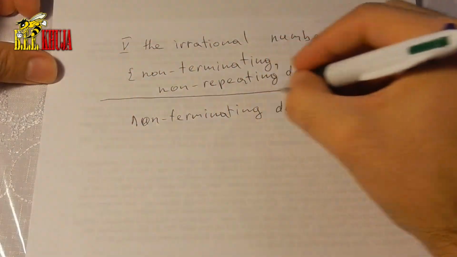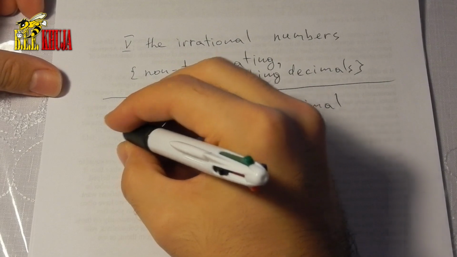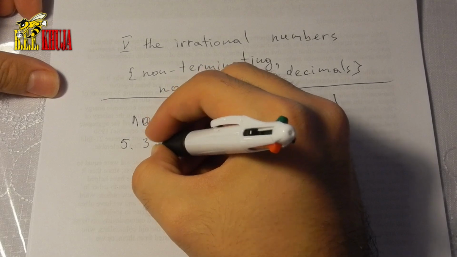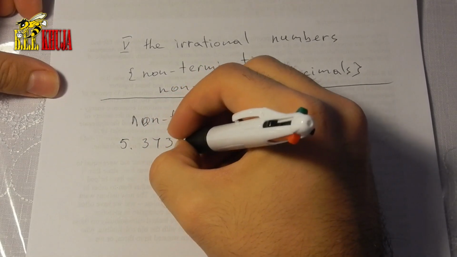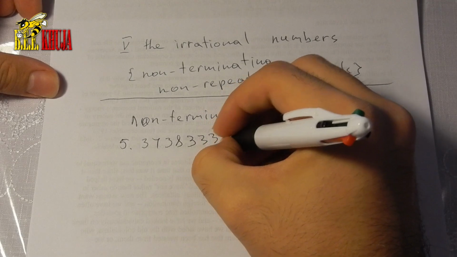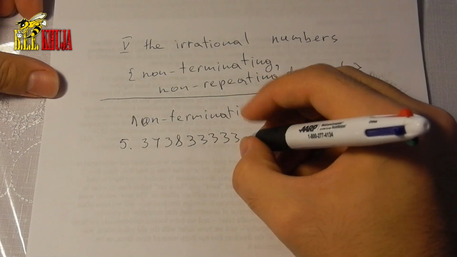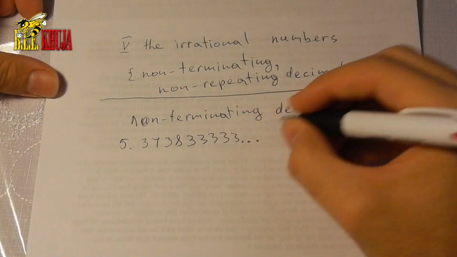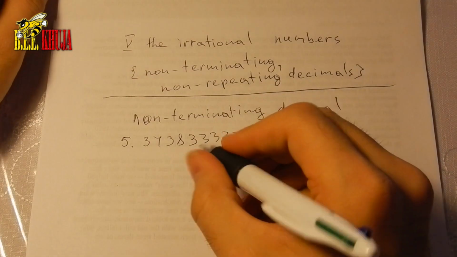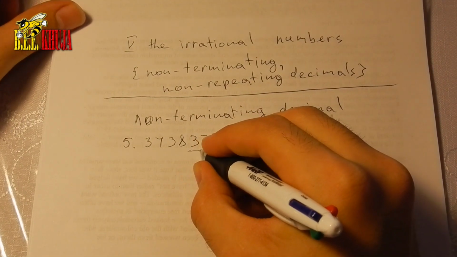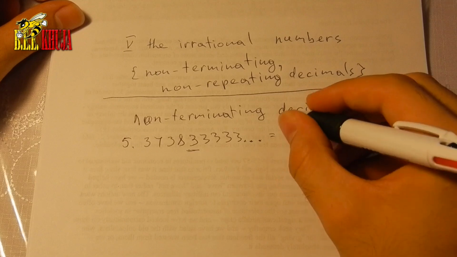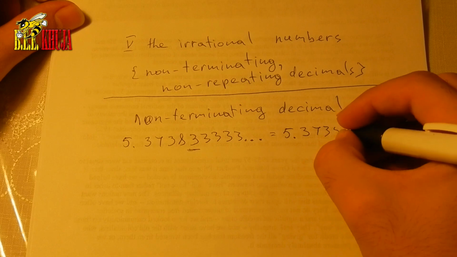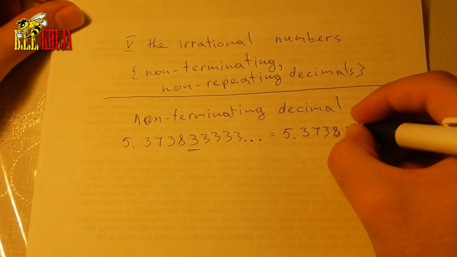For non-terminating decimal, we can take the example of 5.3738333, and it continues with all threes. This means that the decimal has non-terminating threes, which can be written as 5.3738 and a repeating 3.